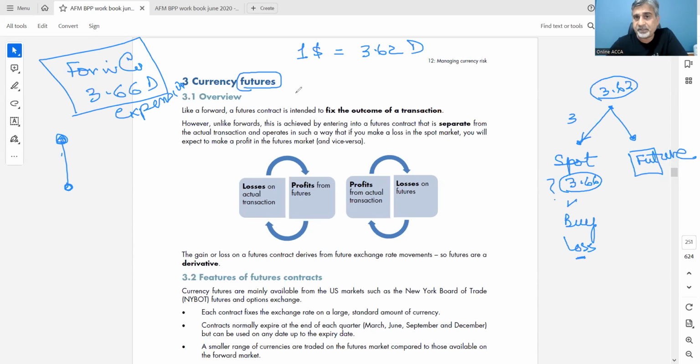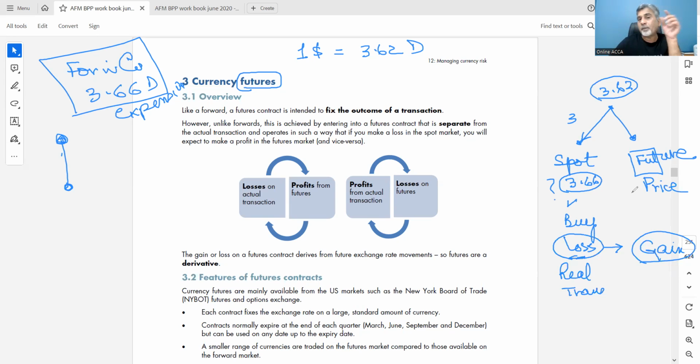But what will necessarily happen is that if you make a loss on the real transaction by buying the dollars at the spot, this loss will definitely be compensated with a gain on the future contract. Because when you buy the future contract, it also has some price or value.